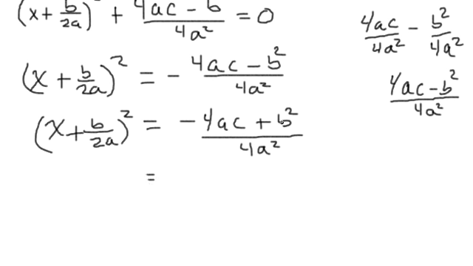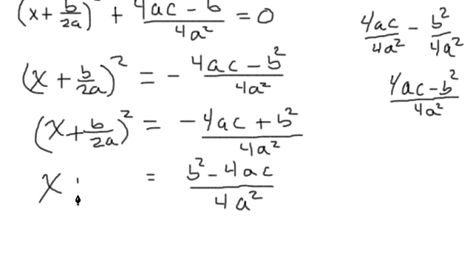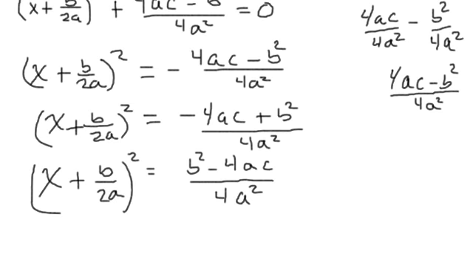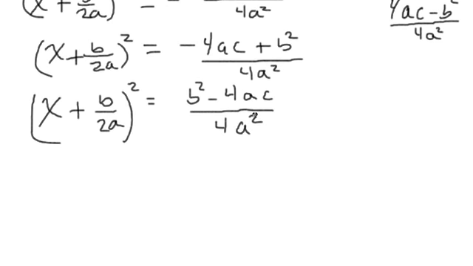Now I'm going to go ahead and rearrange this so we have a positive out here in the front. So this is b squared minus 4ac over 4a squared, and this is x plus b over 2a, and that is squared. Now I'm going to square root both sides.